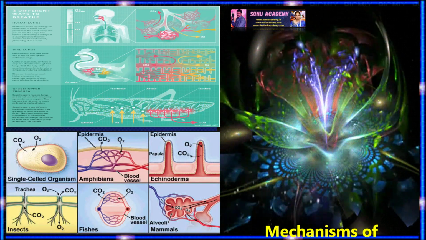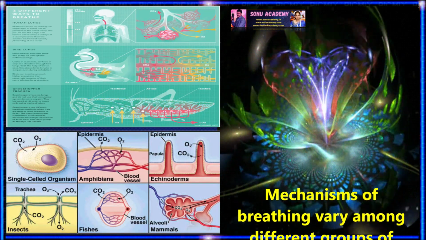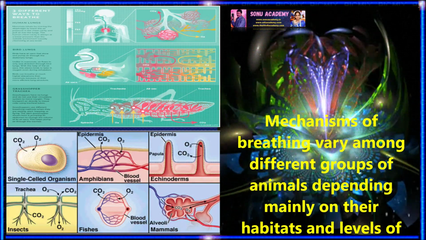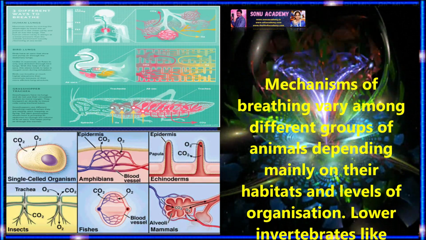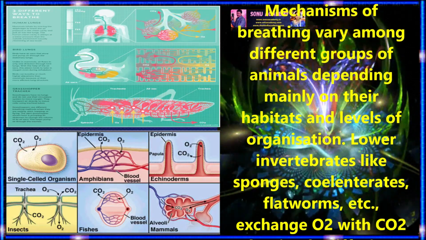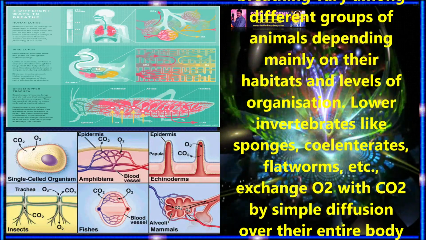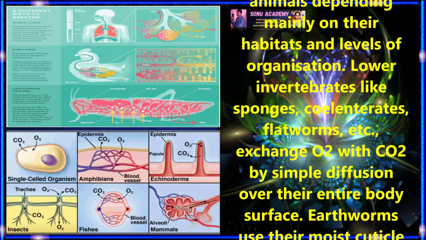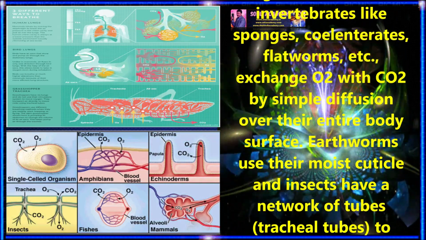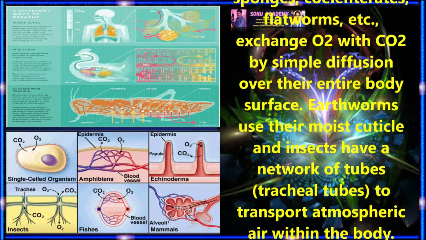Let us discuss respiratory organs. The mechanism of breathing varies among different groups of animals depending mainly on their habitat and levels of organization. Lower invertebrates like sponges, coelenterates, flatworms, etc. exchange oxygen with carbon dioxide by simple diffusion over their entire body surface.